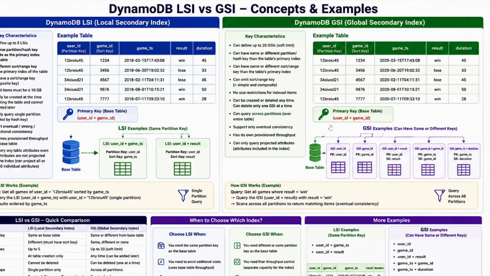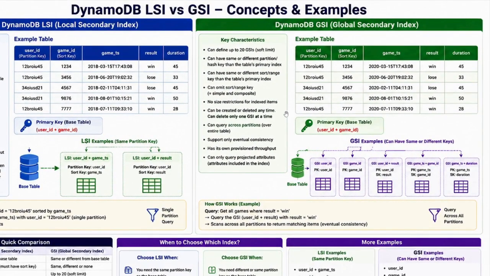Now coming to global secondary index. So this is like you can create later on as well. And this is like you want a different partition key or a sort key. Then you would go with the global secondary index. This is like you want to search data across the partition, that is from the whole table.